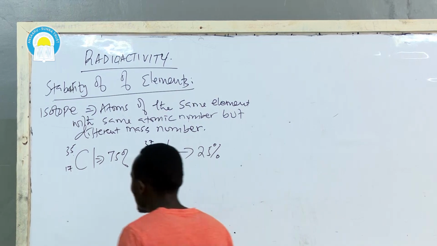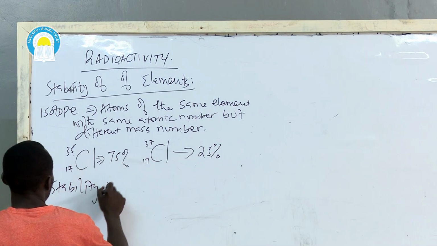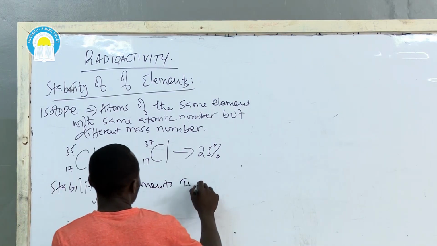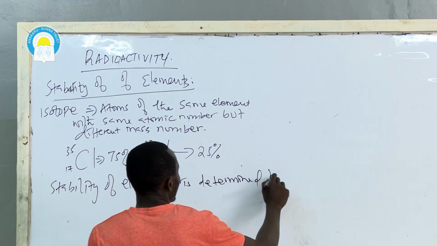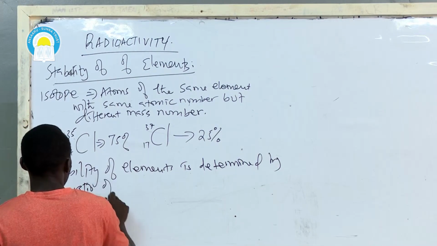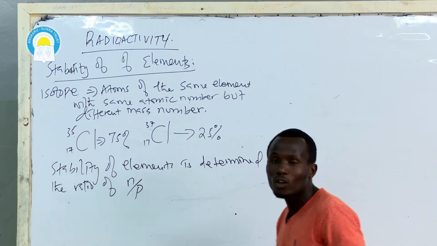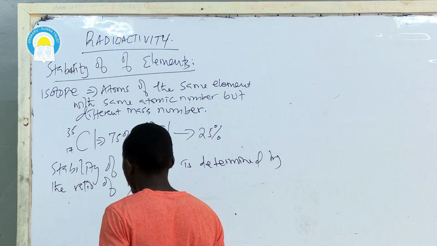So the stability of elements is determined by the ratio of N to P, whereby you are going to find that most of them have the ratio of 1:1.